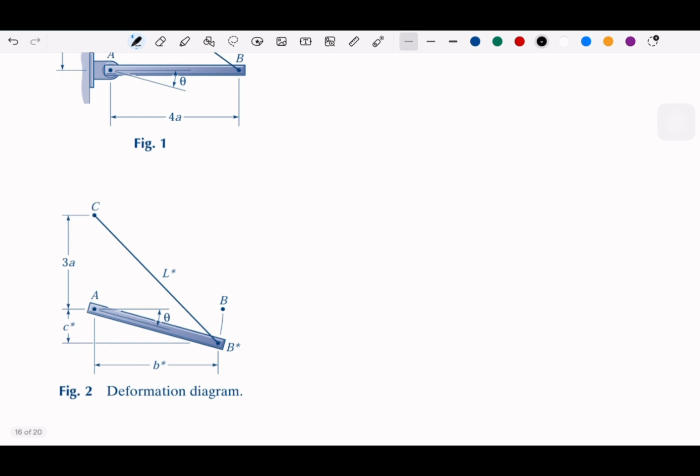This is how we assume our diagram. L becomes L asterisk, adding some delta. B is displaced to this point, B asterisk. Of course, this is our original side, 3A. According to this movement, we have another C asterisk and the new B asterisk from this rotation.